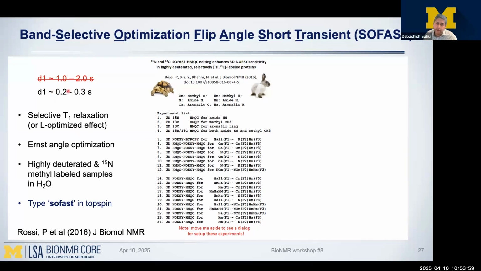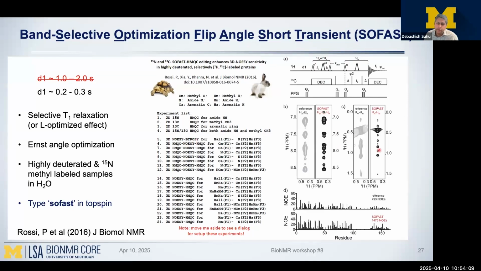So that means that you can reduce the amount of time that you collect it, and then you can collect this as NUS as well, wherein you can just go in and put in the NUS values over there. And then using a combination of those two, you can push the limits and get these kinds of assignments for your NOESY methyl. Okay, so these are actually showing you your methyl assignments over here on the right.